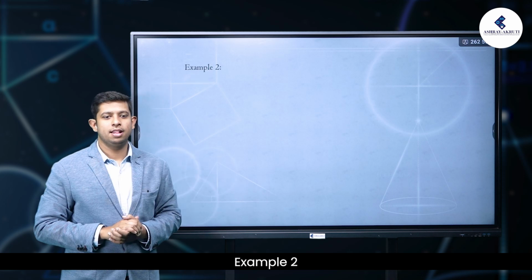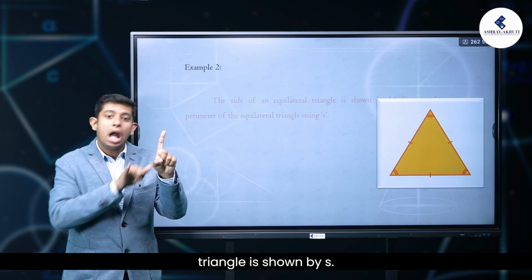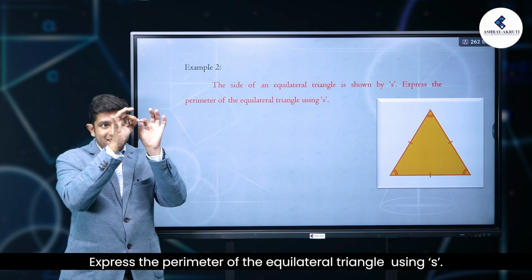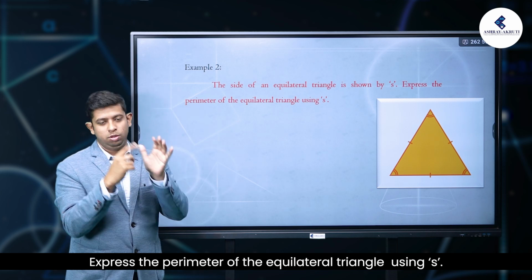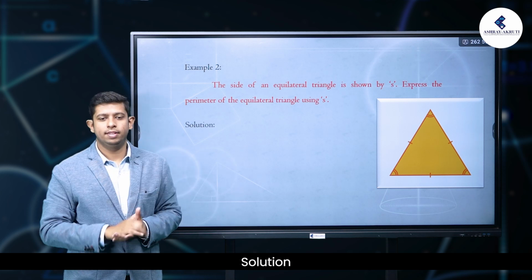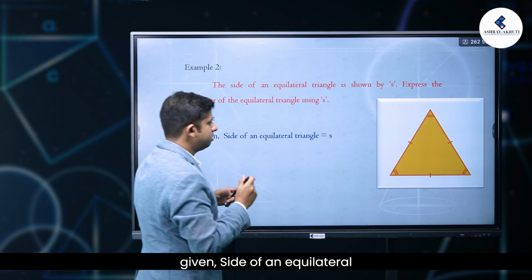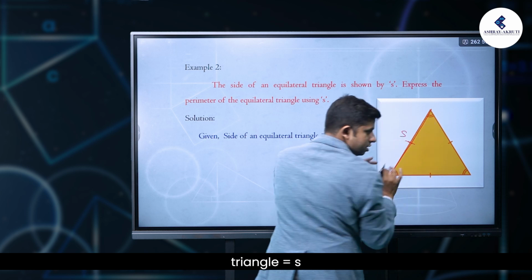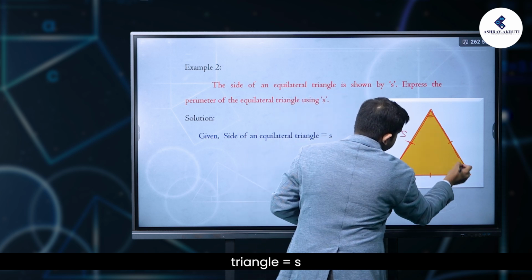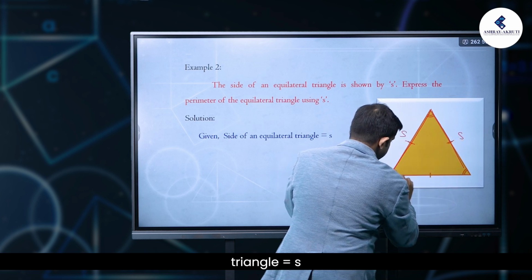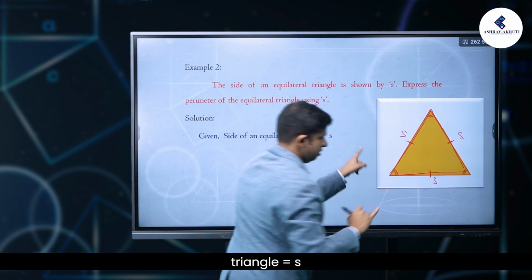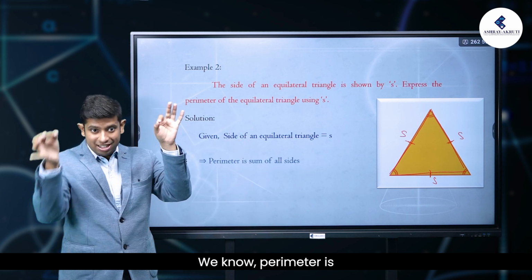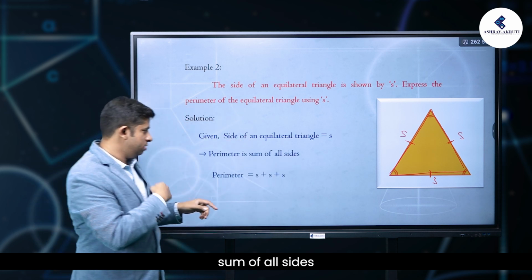Example 2. The side of an equilateral triangle is shown by S. Express the perimeter of the equilateral triangle using S. Solution. Given, side of an equilateral triangle is equal to S. We know perimeter is the sum of all sides.